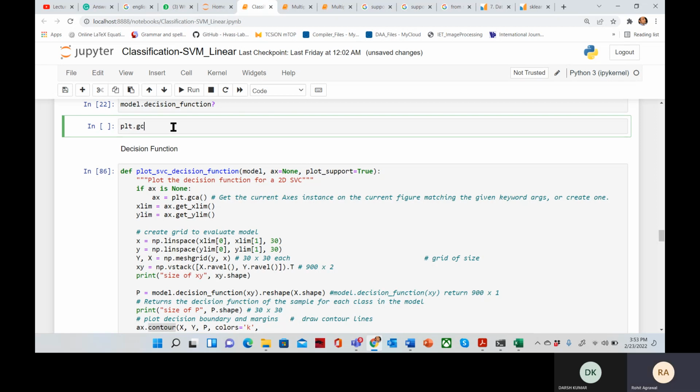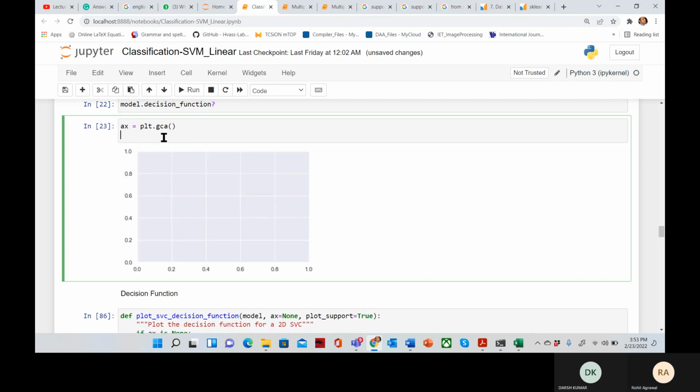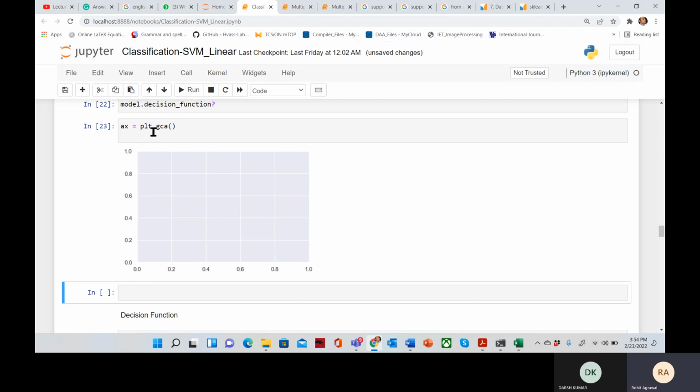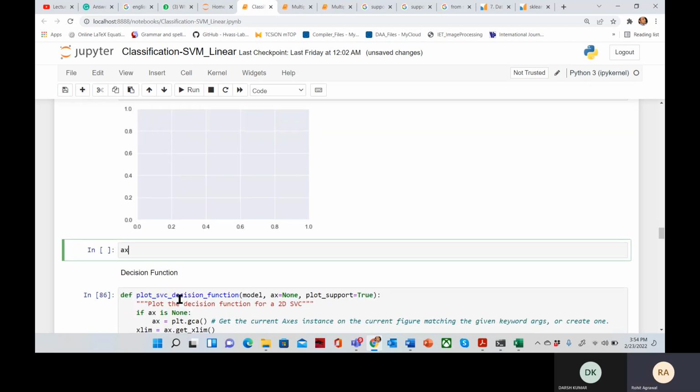Okay, ax equals plt.gca. Okay, so let me run this. This will be clear to you, right? Yes, sir. ax.contour. Yeah, contour.